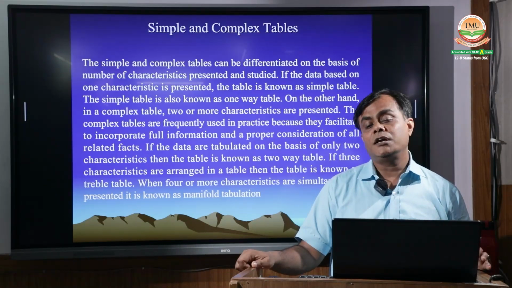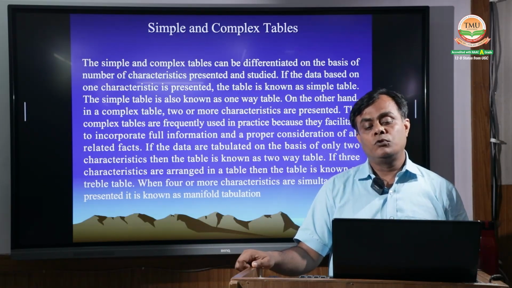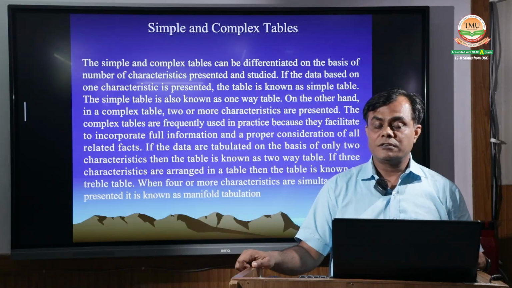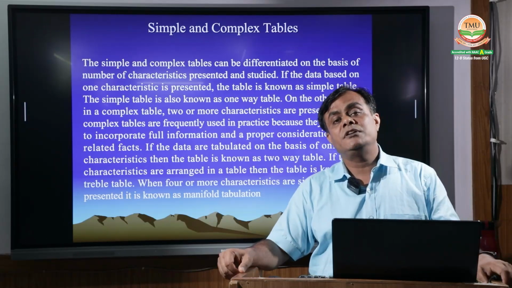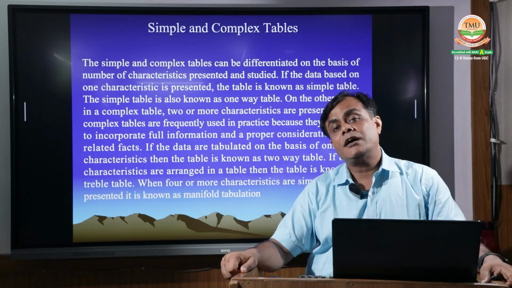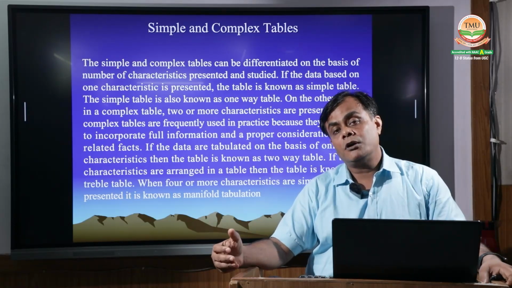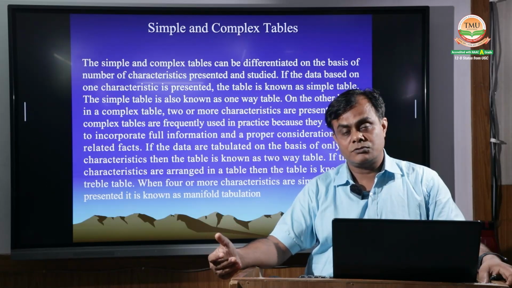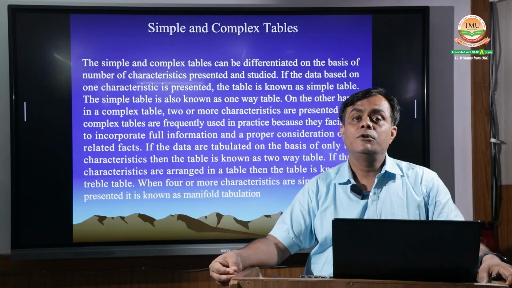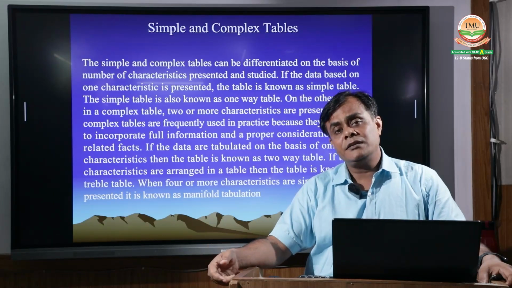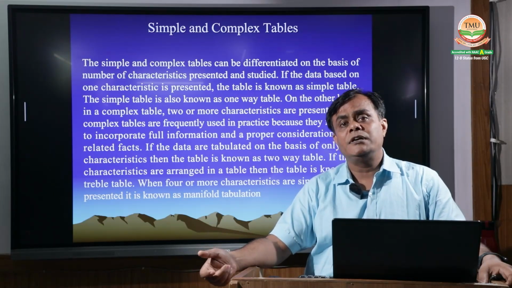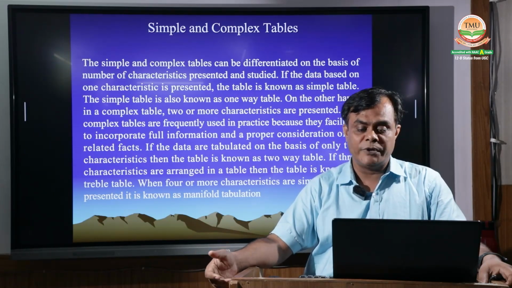On the other hand, a complex table has more than two characteristics, two or more characteristics. Simply, we can say that a complex table is a type of table that has two or more characteristics, and as characteristics increase, the table becomes more complex.